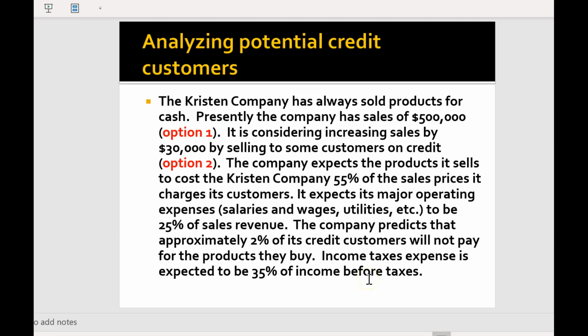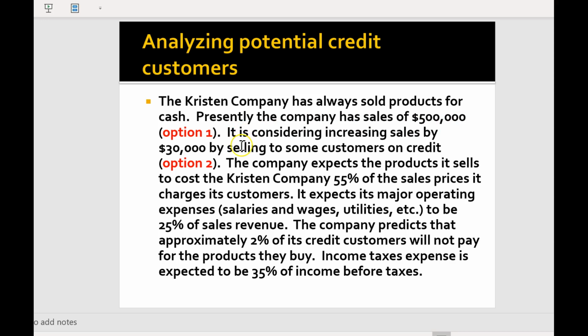Now, in the first part of our lecture, we discussed a case where a firm decided whether to sell things on credit. The Christian company always sold products for cash, so there's no risk here. You're selling for cash, and the company has sales of 500,000, let's say for a year.